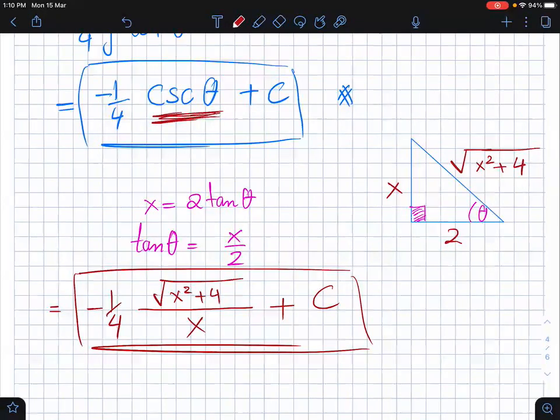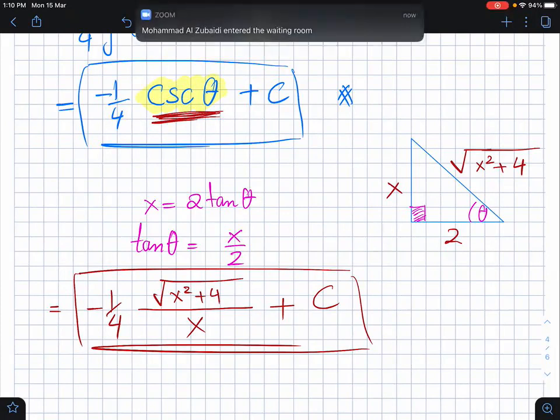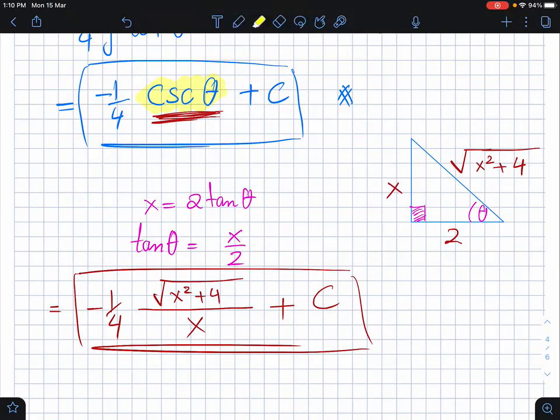The cosec is the reciprocal of sine, and the sine is x over the root of x squared plus 4. So here, as you see, guys, your final answer is negative one quarter times the radical of x squared plus 4, over x, plus c.